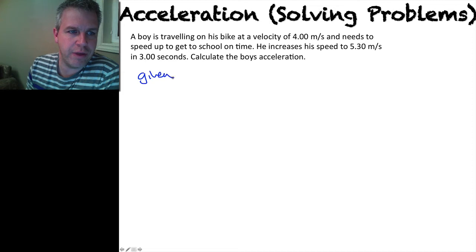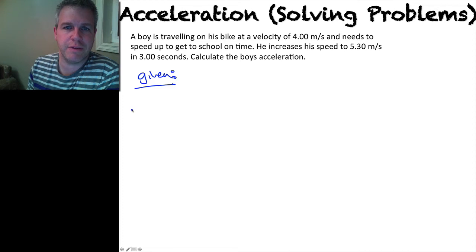This is relatively simple, but again, the way that I like you guys to start all your problems is to write down everything that we are given in a problem, and write it down with the variables.